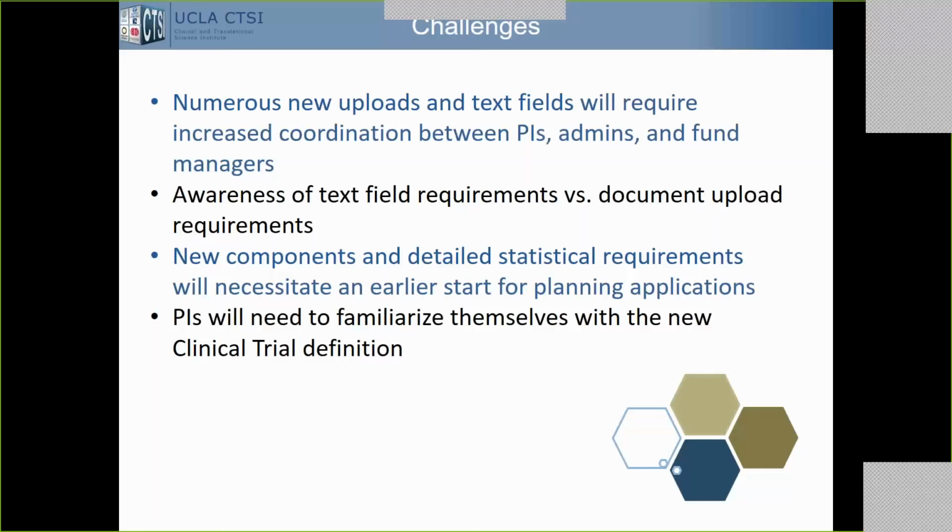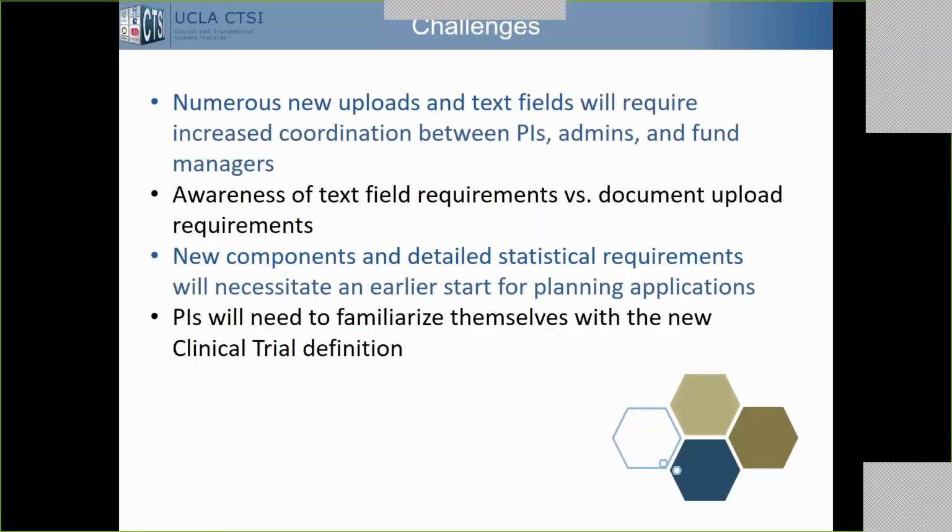All of the new components and detailed statistical requirements we've noticed often necessitate an earlier start when you're planning your applications. Now that you have an unlimited amount of space to address design and power, your biostatistician probably needs to be involved earlier in the process to help you draft that additional section.